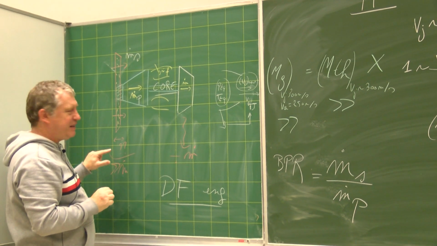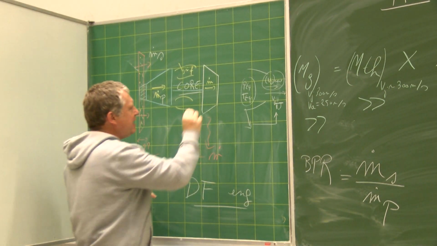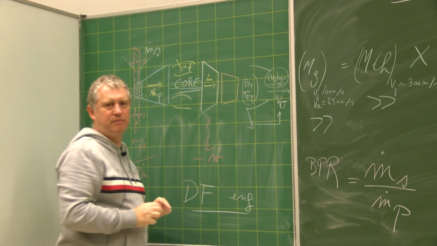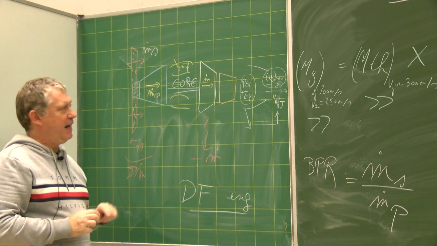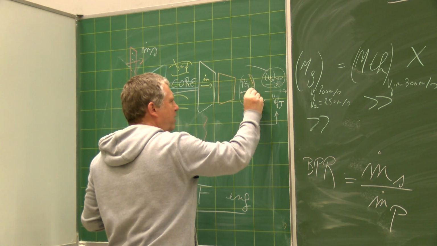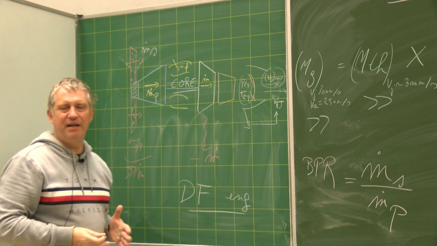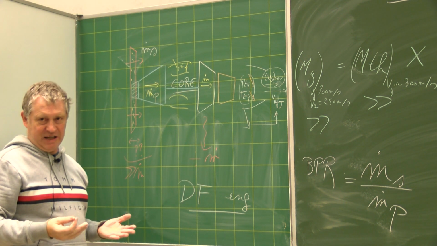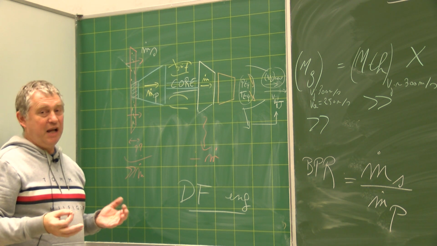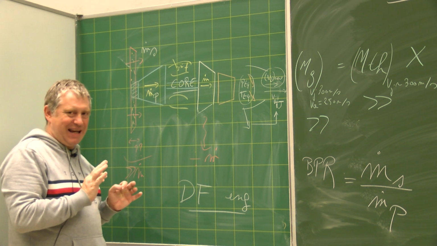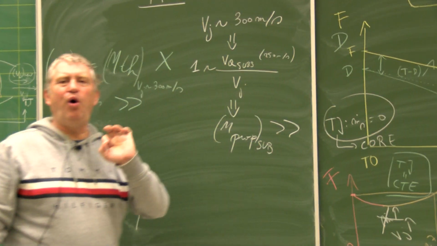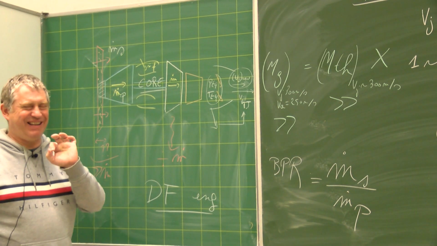In order to drive the external part, you need to add a new turbine here. Okay? And this is this new turbine that will give you this decrease in temperature and in pressure at the entrance of the nozzle.